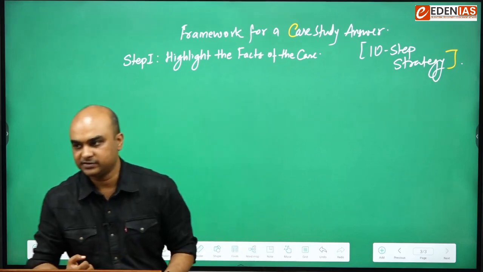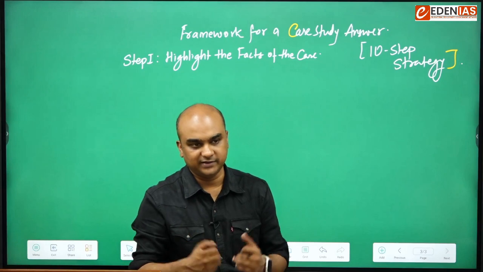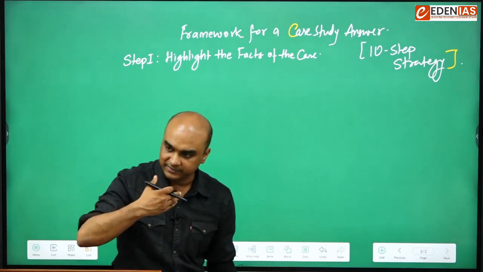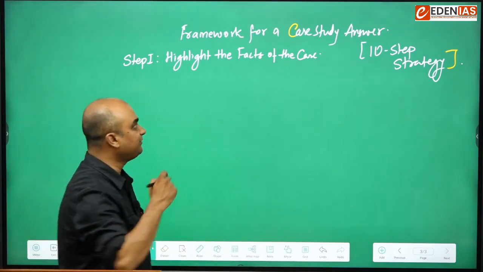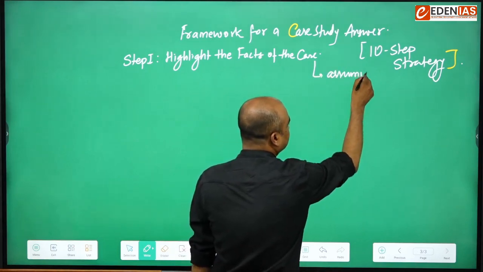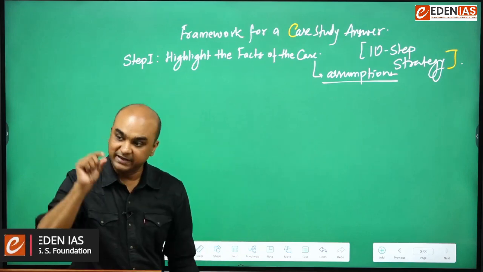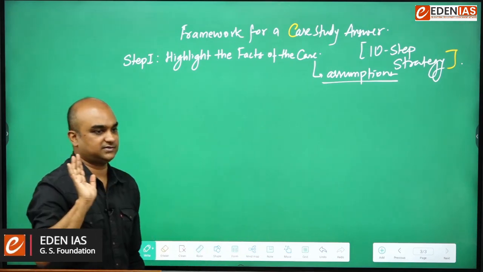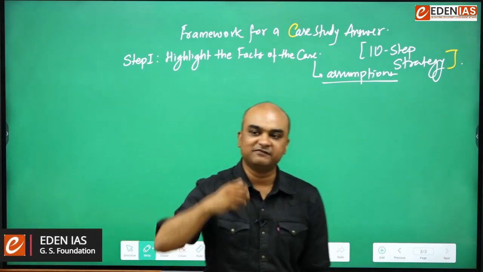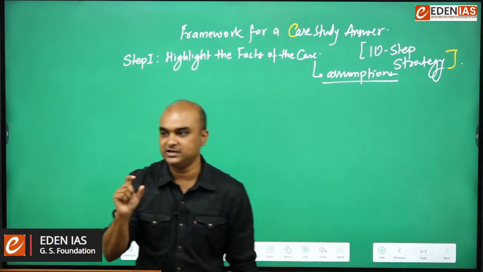Why do we want to highlight the facts of the case? What is the advantage of doing this? Because while we will be writing our answers, we will be making some assumptions. Now, these assumptions should be based on the facts of the case. These assumptions should not be wild guesses. Do you understand that? They have to be rational assumptions.